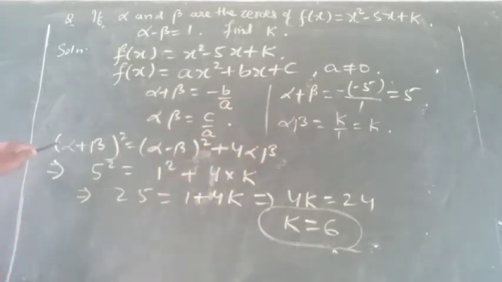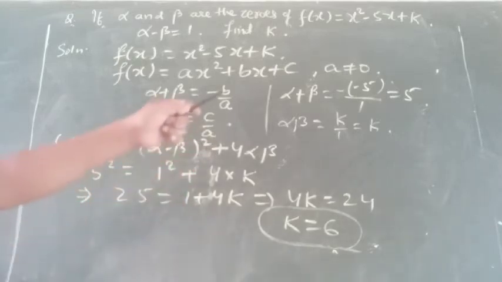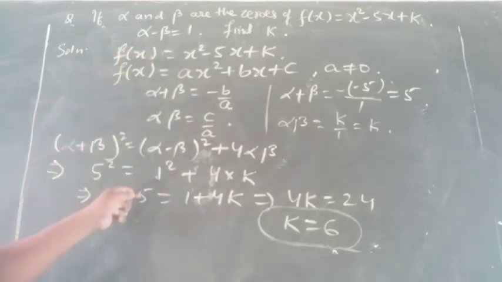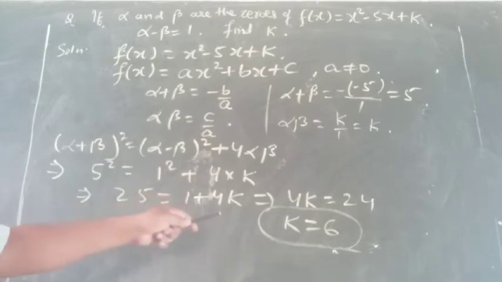Use this formula: alpha plus beta whole square equal to alpha minus beta whole square plus 4 alpha beta. Put alpha plus beta as 5, alpha minus beta is already given as 1, and 4 into k. So 25 equal to 1 plus 4k, subtract, 24 equal to 4k, so k equal to 6.